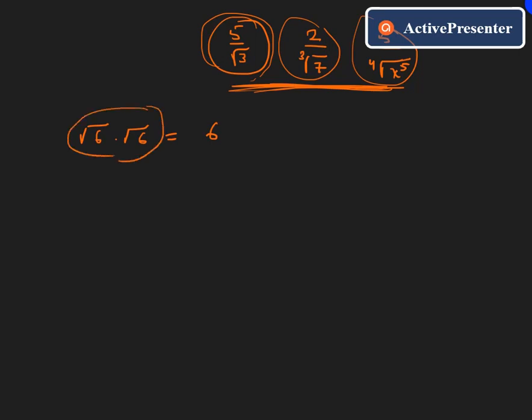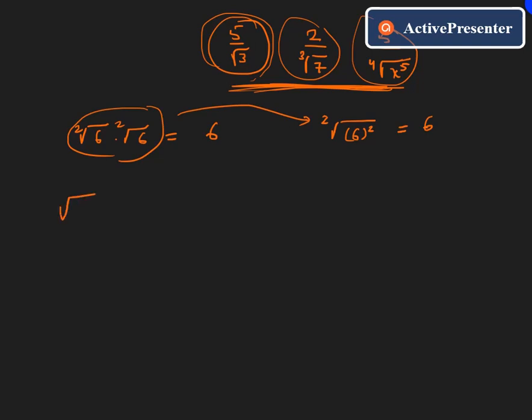Because you know this here is 2, right? So this is equal to the square root, we write here 2 for the moment, of 6 squared. This is equal to 6.